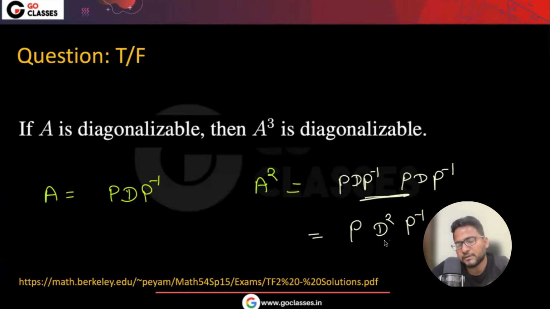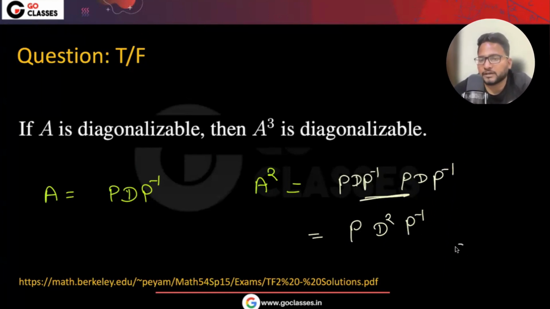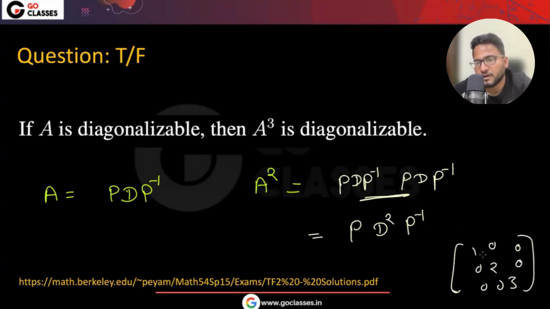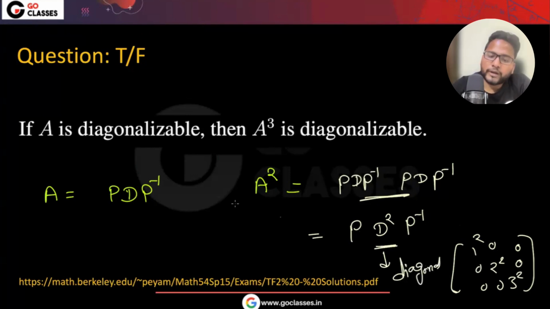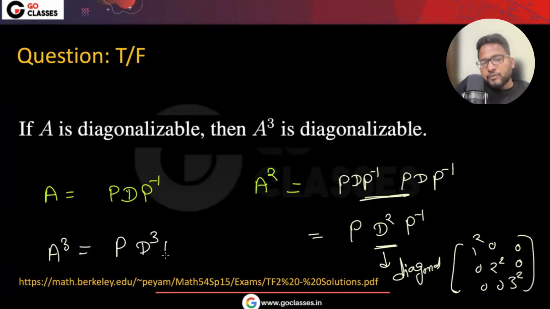So A square is coming like this. What is D square? D square will also be a diagonal matrix, right? If D is, let's suppose, 1, 2, 3, then D square will be just the square of this, I mean, diagonal elements will get squared. So D square is also a diagonal matrix. So A square is also similar to some diagonal matrix. Similarly, A cube you can easily calculate, will be like this.